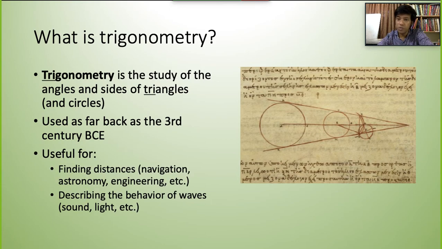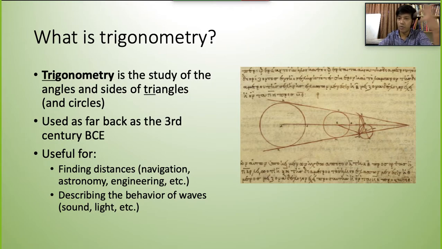Where do we use trigonometry? We use trigonometry in finding distance in navigation, in astronomy, and in engineering. Even this picture is related to astrophysics and astronomy. Back in the ancient days, mathematicians tried to analyze the sky and the objects they could see with their naked eyes.